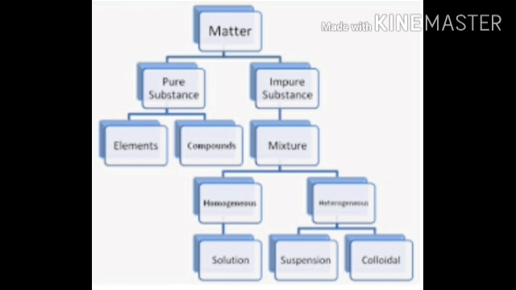And impure substance, the mixture is the best example of impure substance, and it can be divided into homogeneous mixture and heterogeneous mixture. Solution is the best example of homogeneous mixture, whereas suspension and colloidal particles belong to heterogeneous mixture.